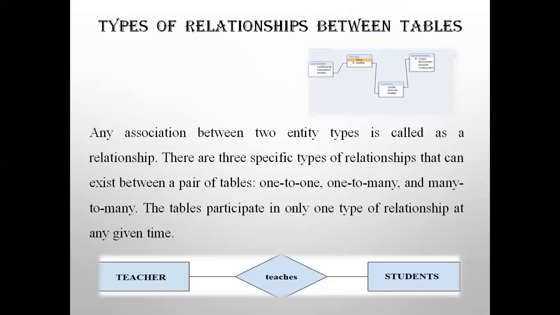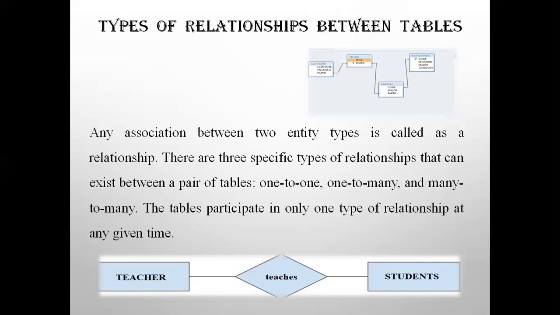For example, if you have a teacher table and a student table, what is the relation here? Here teacher is an entity, student is an entity, and teaches is a relationship. It is between the teacher and the student entity.